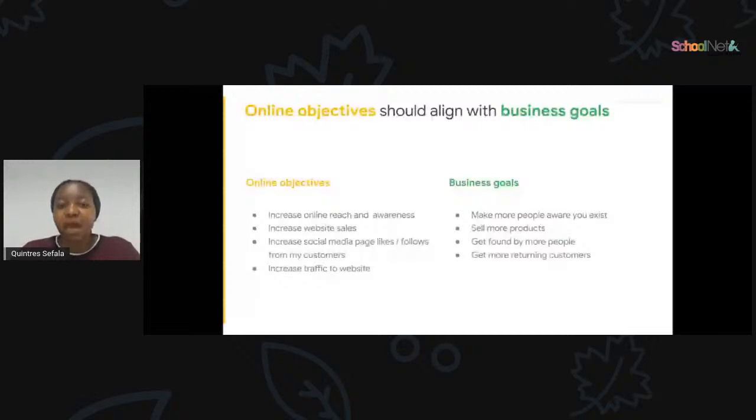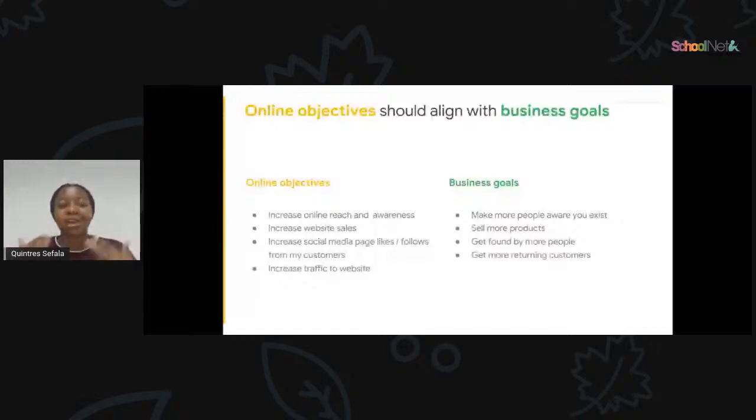Then in this instance, our online objectives would be to increase our social media page likes, our followers from our customers. And then if we want to get more returning customers, if we want to retain our old customers, then we should also increase traffic to our website. So that is how you can align your business goals to your online objectives.